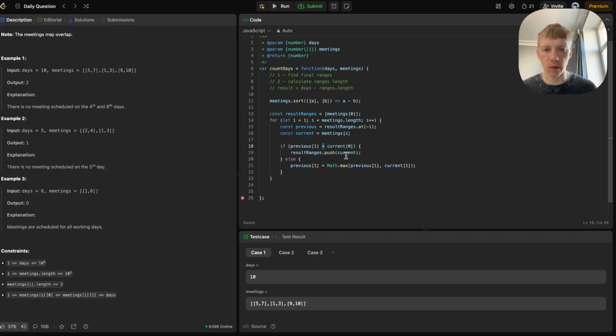If previous[1] is less than current[0] minus 1, so 5 and 6, if 5 is less than 6 minus 1, which is 5. Okay, yes, should work.